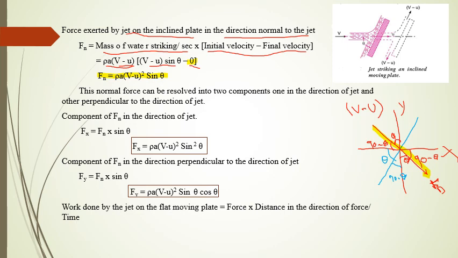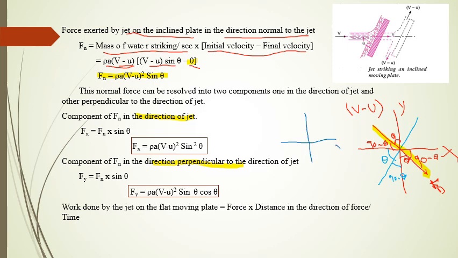Now we have to find the force in the direction of x and perpendicular to the direction of x. See here, this is the direction of x and this is perpendicular direction.